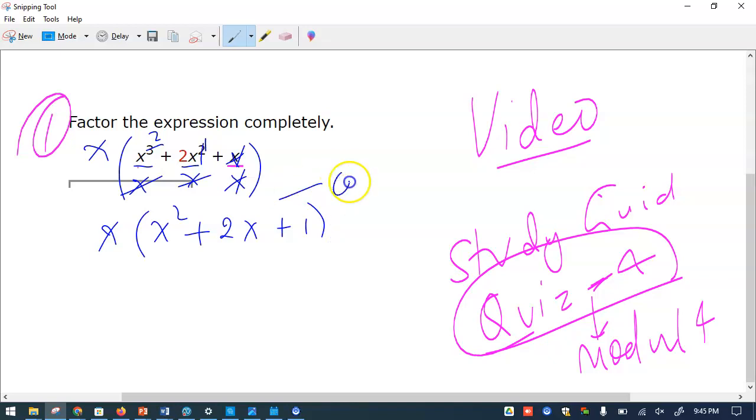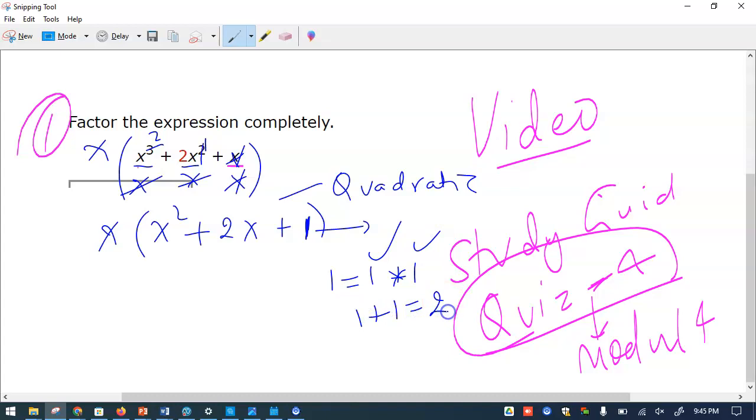Now you have a quadratic, right? So two ways you can think of it. When you look at it, it may not be a perfect trinomial. Maybe you just want, there's a 1 here, and the only option we can split this 1 is 1 times 1 is 1. That's the only option, two factors we get. And 1 plus 1 adds to 2. So we can write this quadratic into two binomials, two factors.